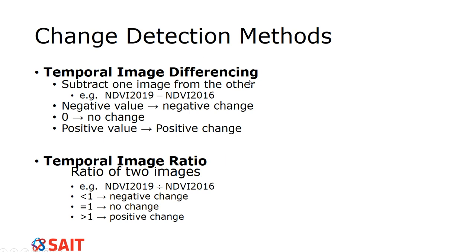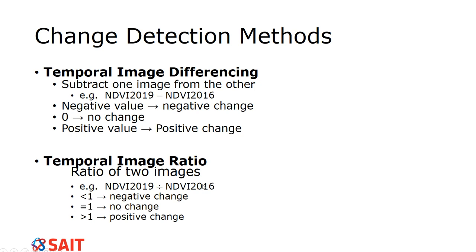This is a numerical analysis entirely. You need to provide numerical examples of the areas of your interest. Temporal image ratio looks at the two images and provides a ratio. So 2019 divided by 2016: if it is less than 1, the 2016 value was higher, so the health of vegetation has gone down.